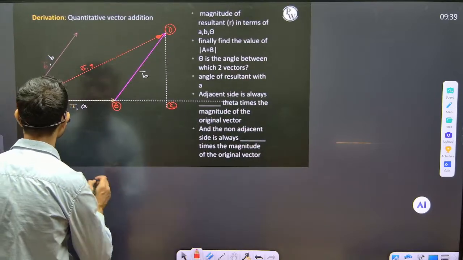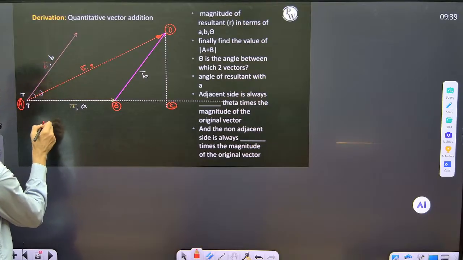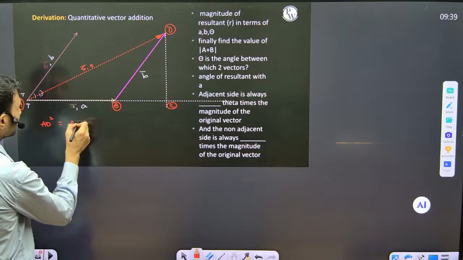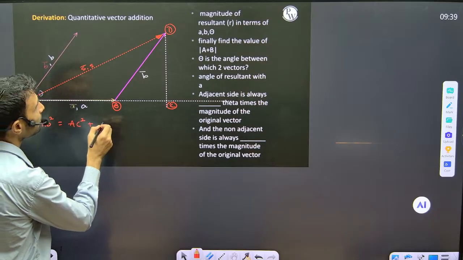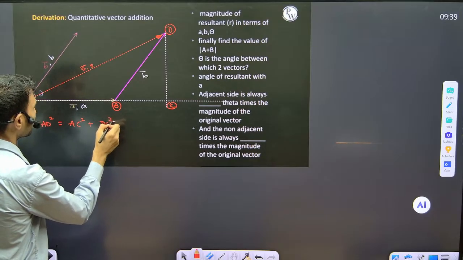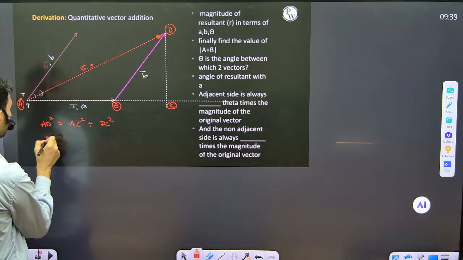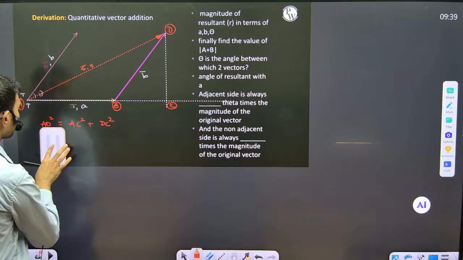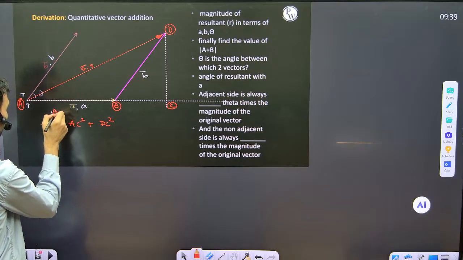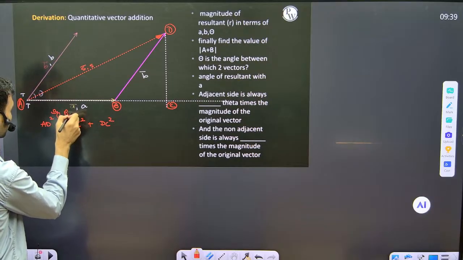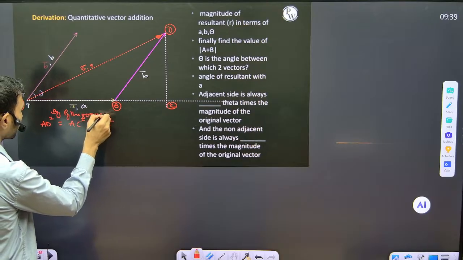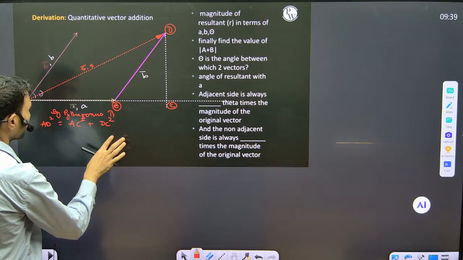That is ED square equal to AC square plus DC square, right? So ED means S. So S square is equal to AC square, or how are we writing? By Pythagoras theorem, you know.